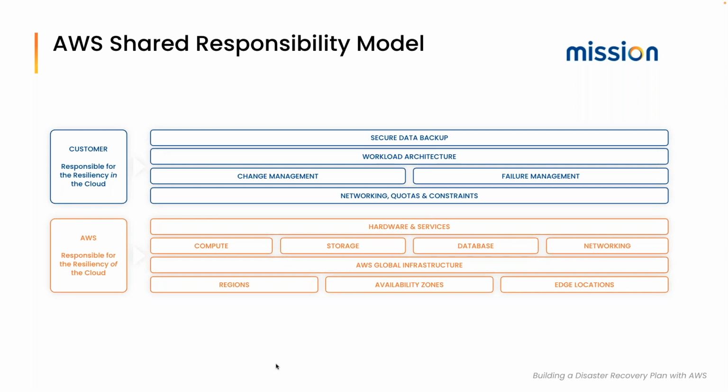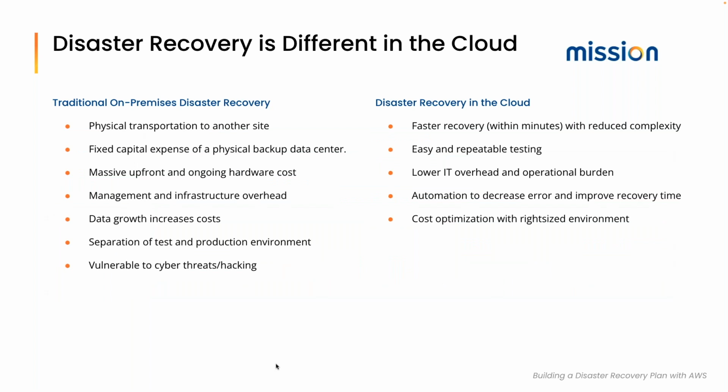DR strategies can also make use of multiple AWS regions, and we'll go into that a little bit more later. For example, in an active-passive configuration, service for the workload will fail over from its active region to its DR region if the active region can no longer serve requests.